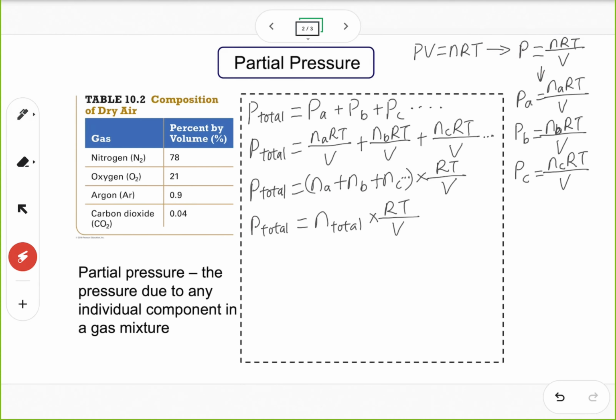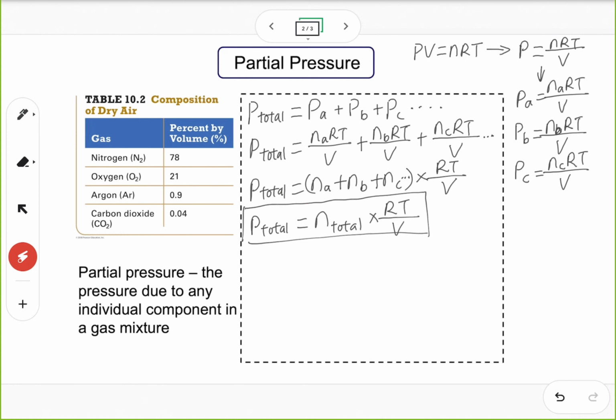In other words, if all of the gas components follow the ideal gas law, then the whole mixture would also follow the ideal gas law. That's what it means.